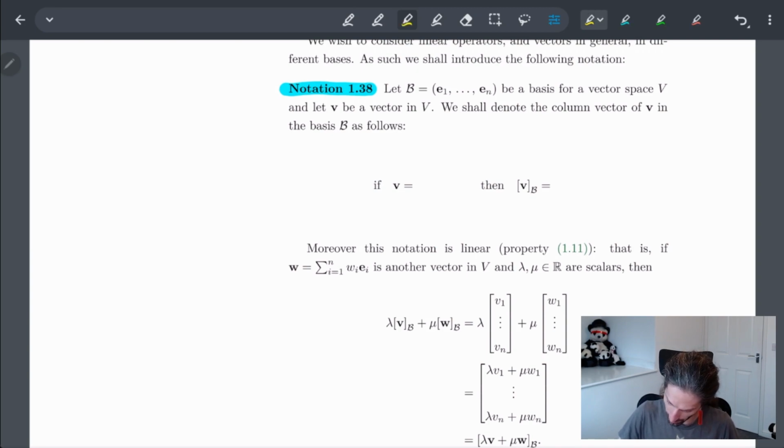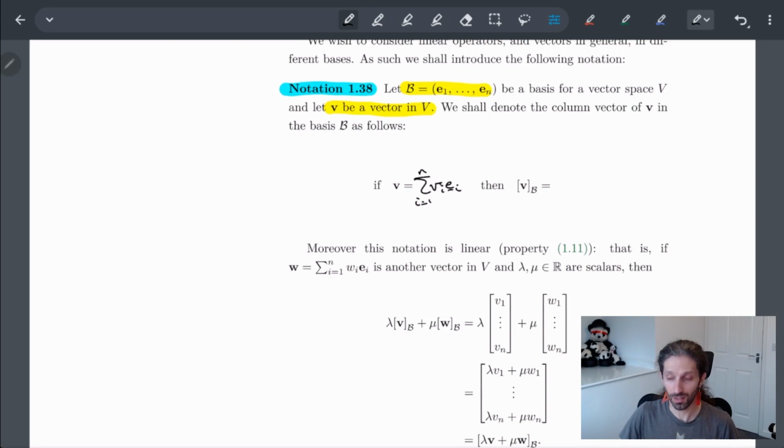So the column vector of V, well, what is this? Remember that V itself is always going to be some linear combination of the V_i E_i in our vector space.